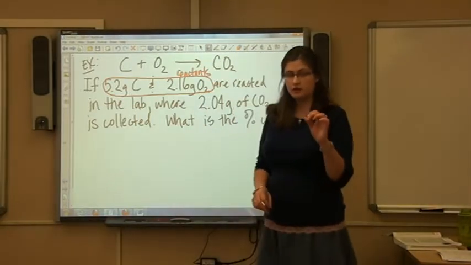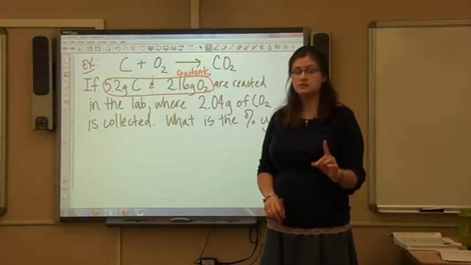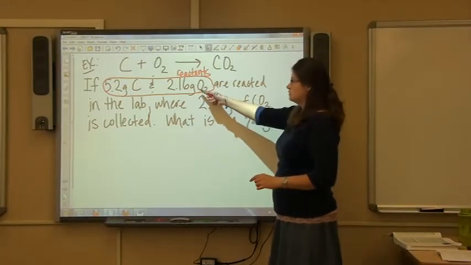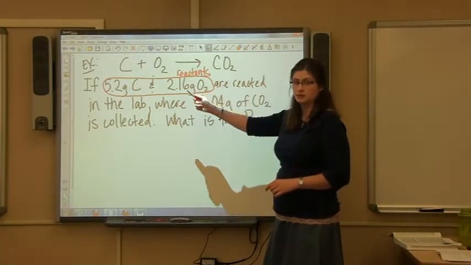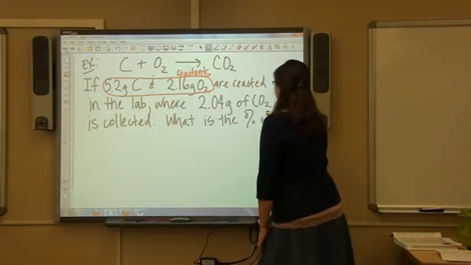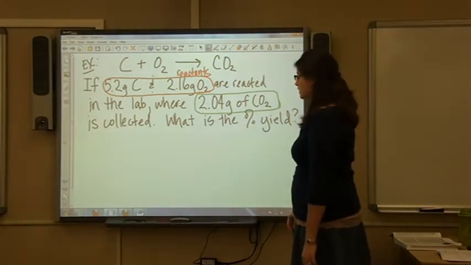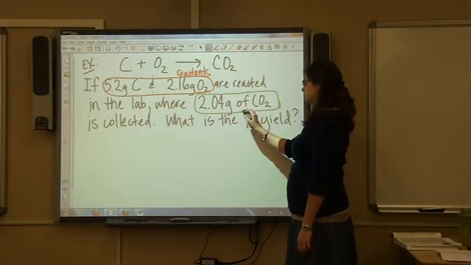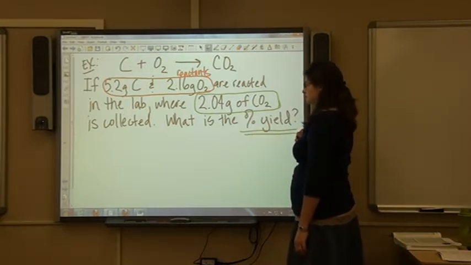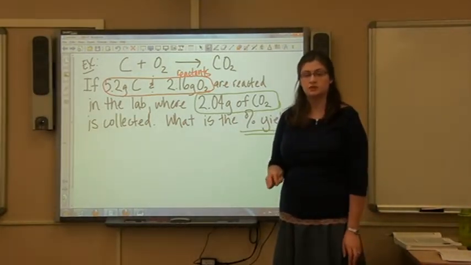And if you have amount information for more than one reactant, you must follow the limiting reagent procedure. So this is telling me that the first thing I need to do is calculate the limiting reagent. But I have more information. If I have amount of products as well, it means that this is what I'm going to be using somewhere in this percent yield equation. First, let's solve the limiting reagent problem.